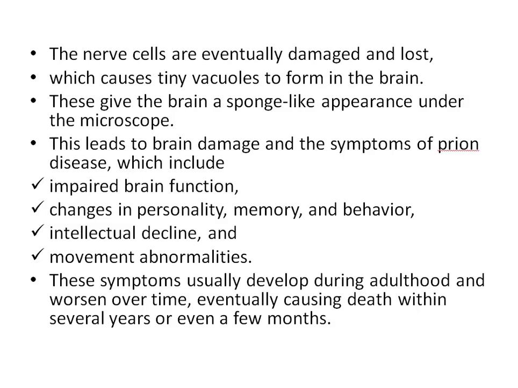So this leads to brain damage and the symptoms of prion disease appear, which include impaired brain function, changes in personality, memory, and behavior, intellectual decline, and movement abnormalities. These symptoms usually develop during adulthood and worsen over time, eventually causing death within several years or even a few months. This is all about the structure of prion.